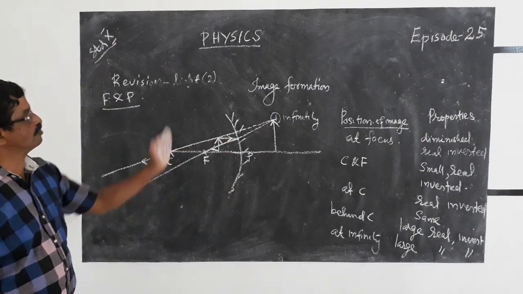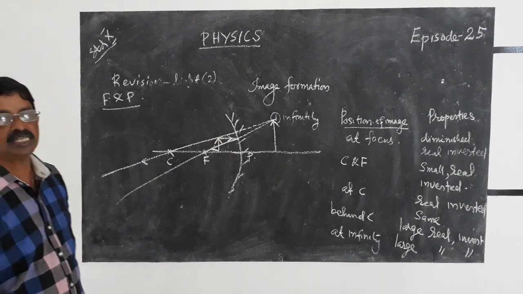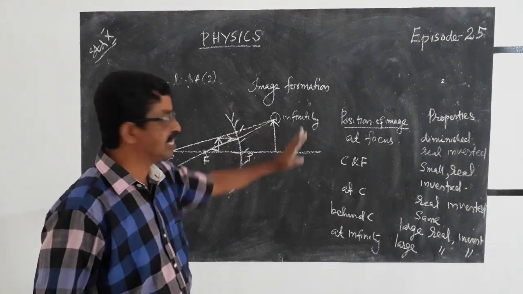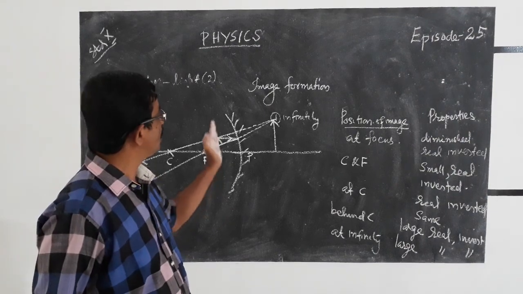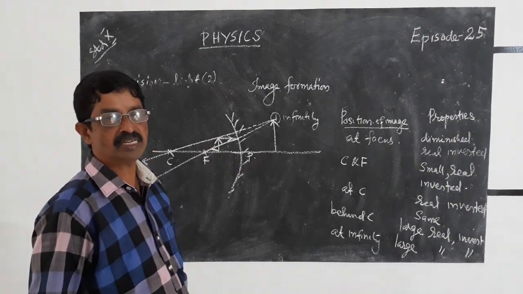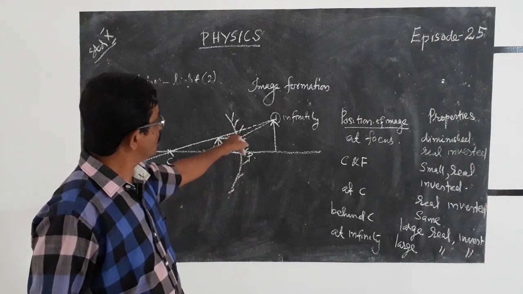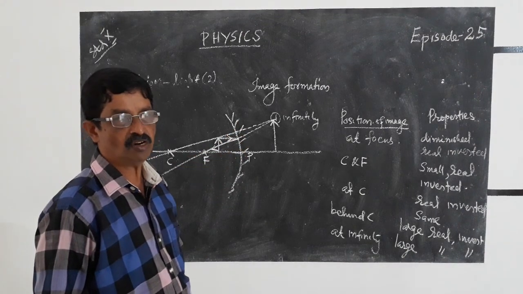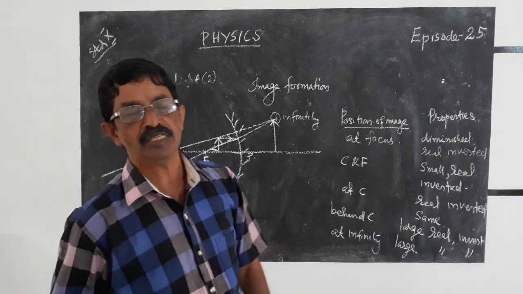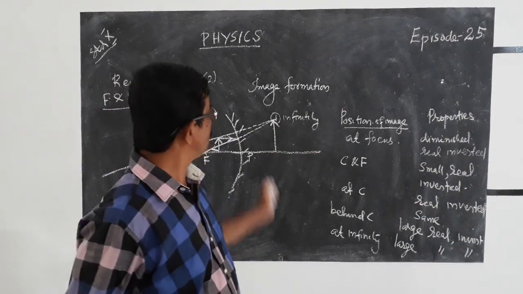See, the image is formed on the other side of the mirror. Do these two reflected rays actually meet? No. They only appear to be meeting.